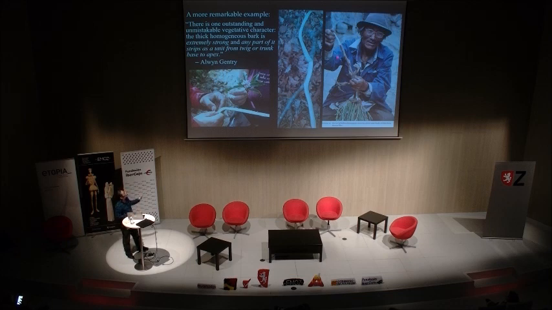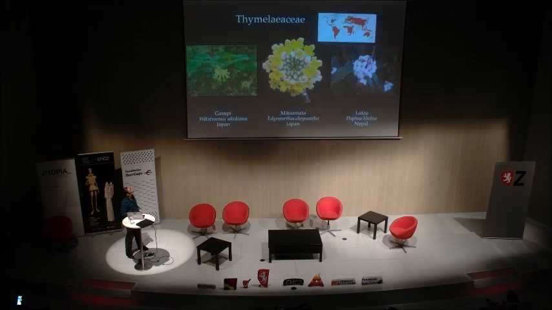You can see they're stripping the bark here as a unit from the point of incision all the way to the base. And that group is the Thymelaeaceae. So this is a group of plants that has about 900 species. You can find it in tropical and warm temperate parts of the world. They include Gampi, Mitsumata, and Lokta.